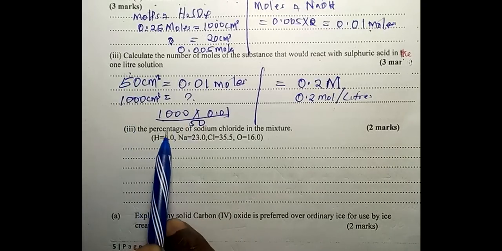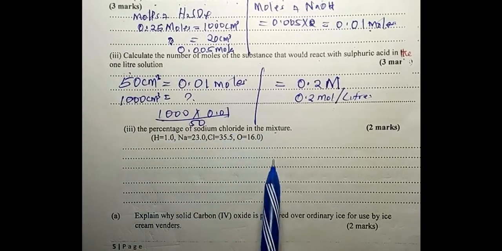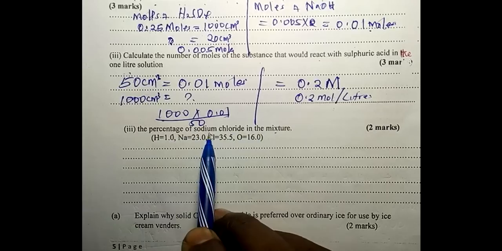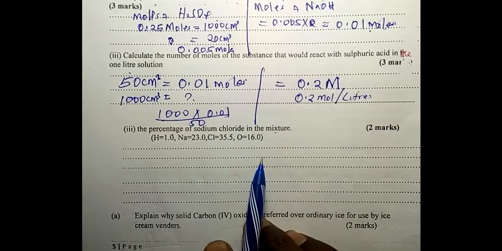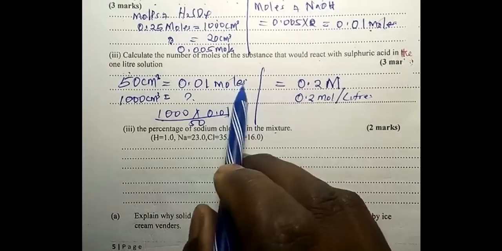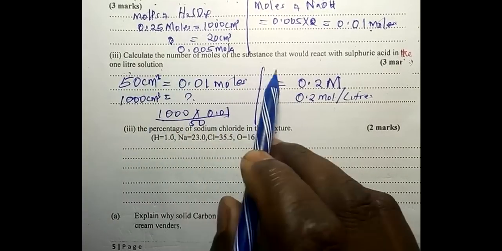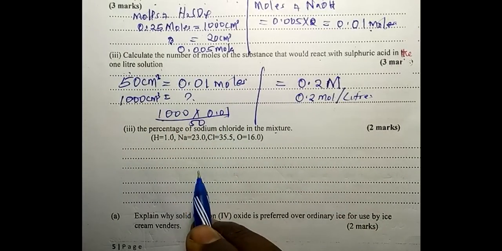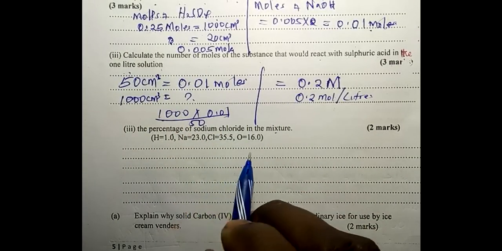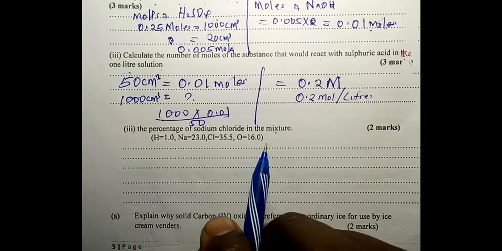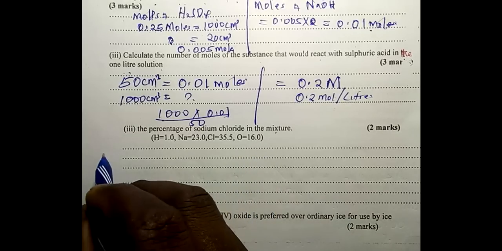Calculate the percentage of sodium chloride in the mixture. What is the percentage of the impurity, sodium chloride, in the mixture? Now we have the molarity in a liter. That is the molarity. So what we want is to calculate the mass of sodium hydroxide itself in 1 liter. We will use this triangle.